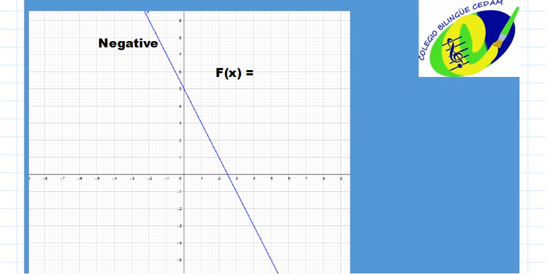Okay, here we go. 2 points. This one. I usually take the y intersection as one of the points because with that point I can infer the second part of the function, that is the intersection. And the other point can be this one. It's negative, so I'm going to count downwards. So downwards we have 1, 2, 3, 4, 5, 6.